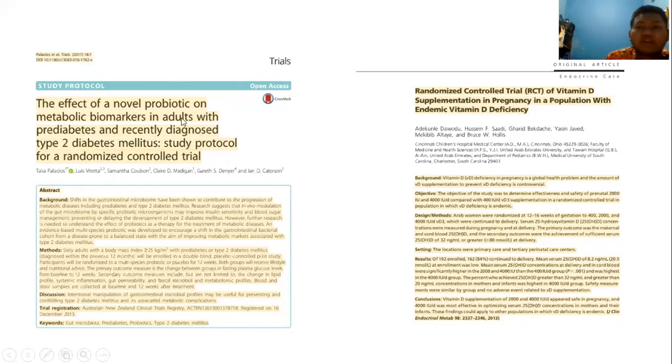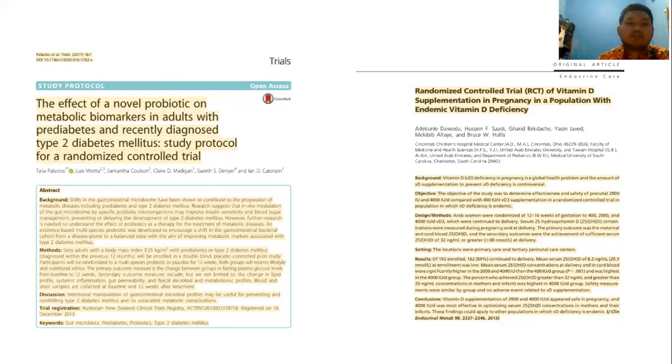So the difference is that the left one is about the study protocol, and the right one is about the RCT. The study protocol is used before we create a journal of an RCT.